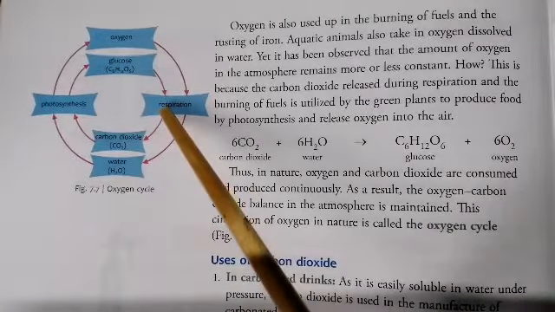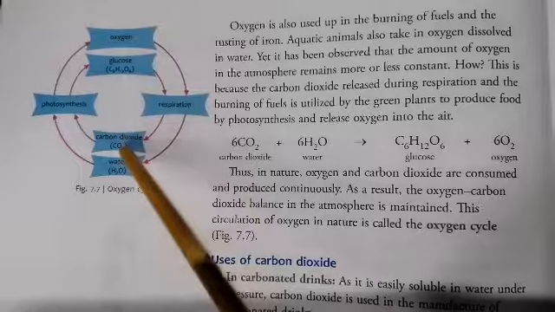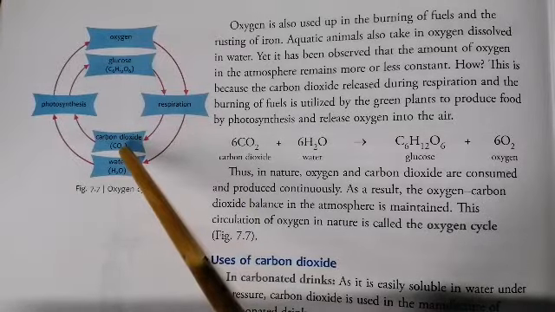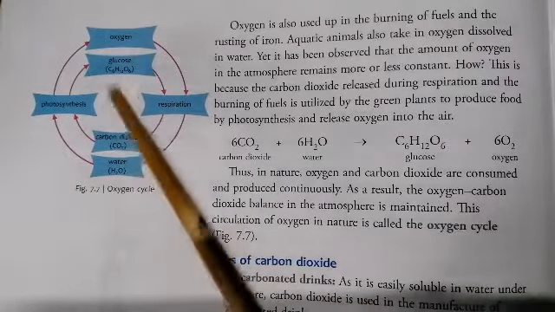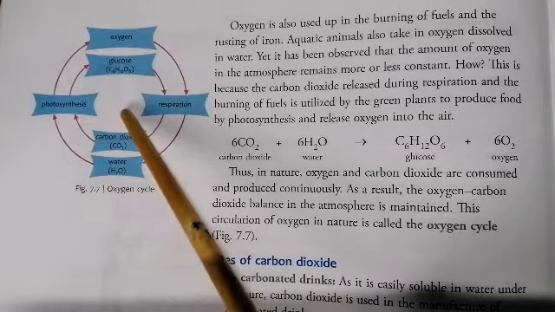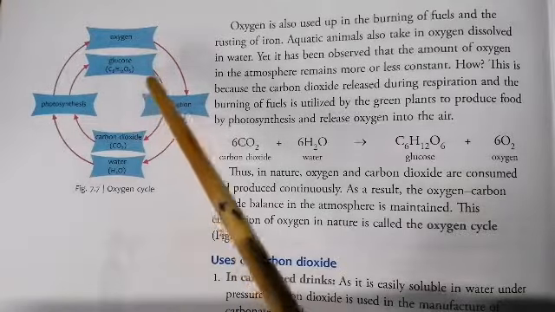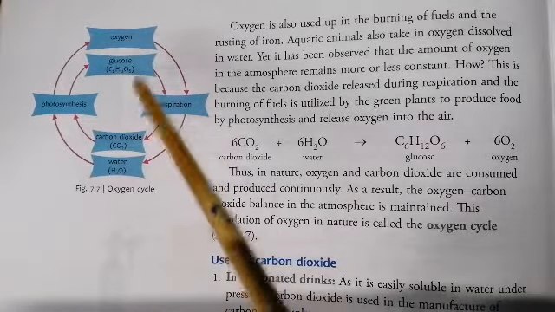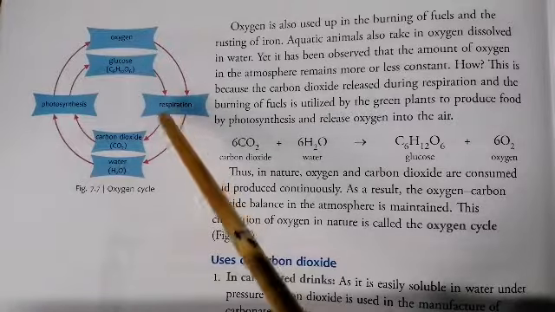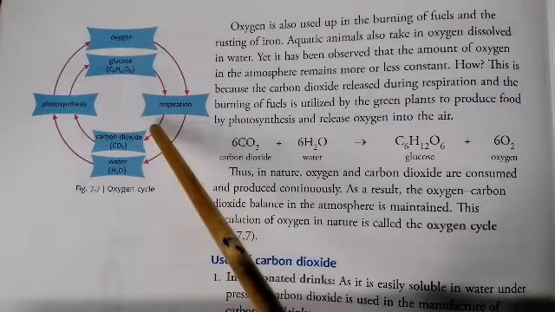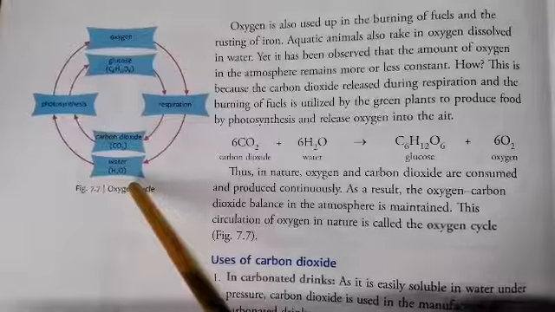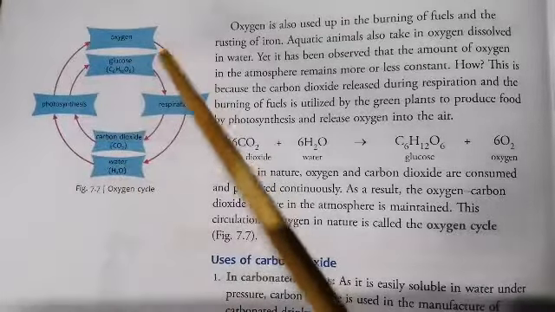Glucose is oxidized during respiration to give carbon dioxide. Thus, on respiration, what are you getting? The glucose is being oxidized into carbon dioxide and water, and energy is evolved.